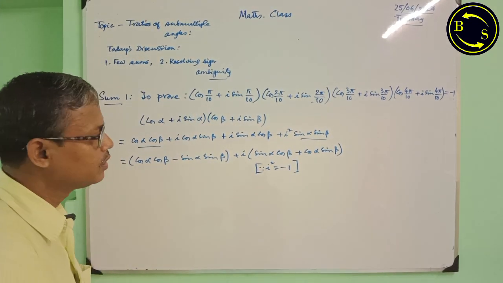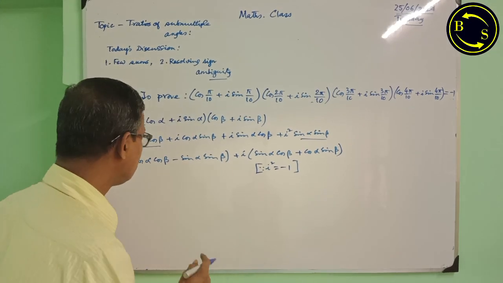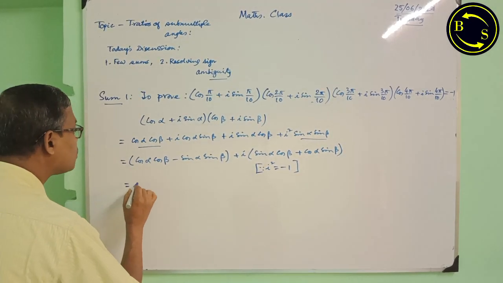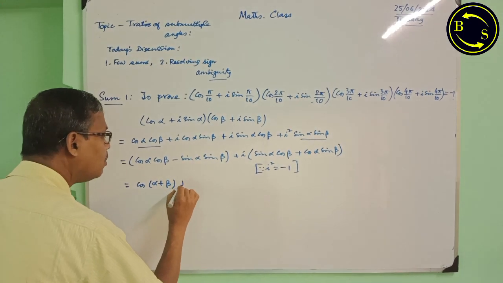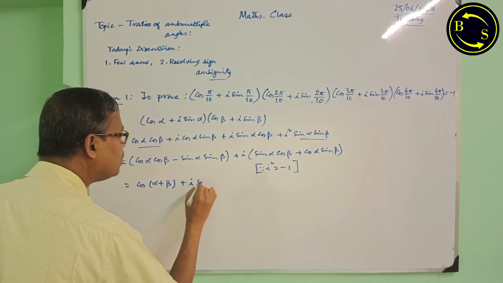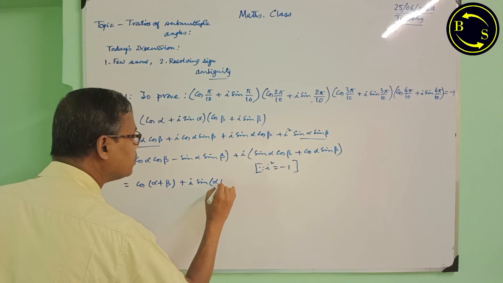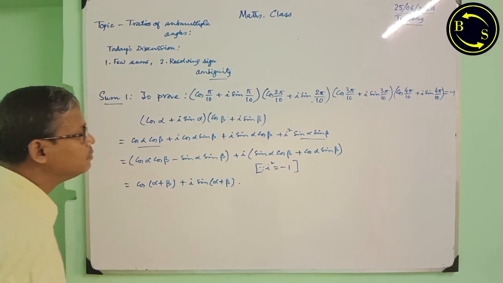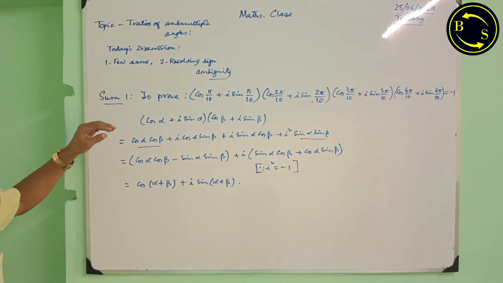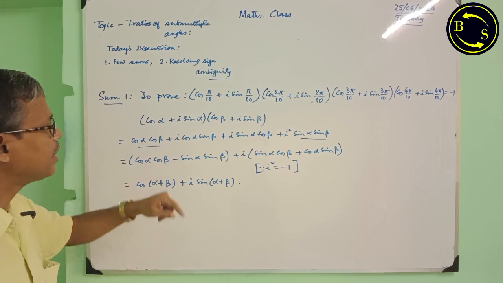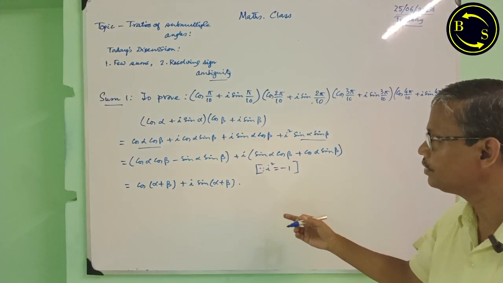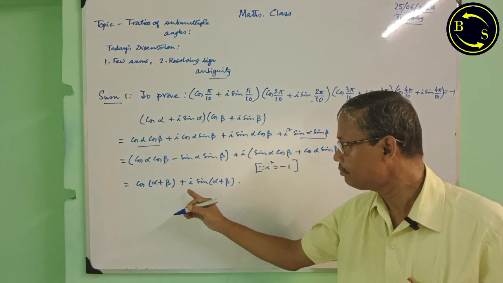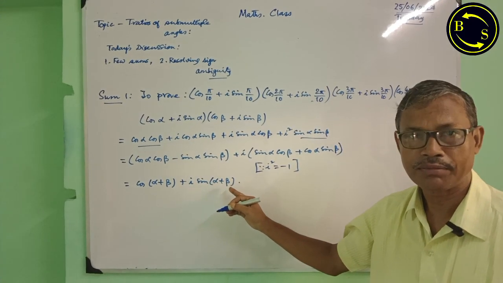Already students, learners have learned. Then this is cos of alpha plus beta plus I sin alpha. I have got the product cos alpha plus I sin alpha into cos beta plus I sin beta, that is equal to cos of alpha plus beta plus I sin of alpha plus beta.